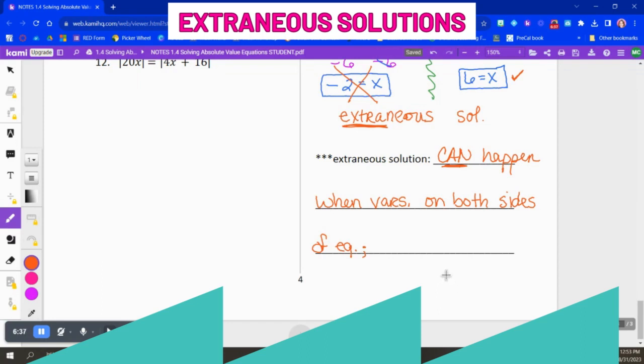We're okay with that? So when you have variables on both sides of the equation, you're going to work it just like we did. We didn't approach this problem any differently. We're going to work it just like we have been working it. But the difference is we must check answers.